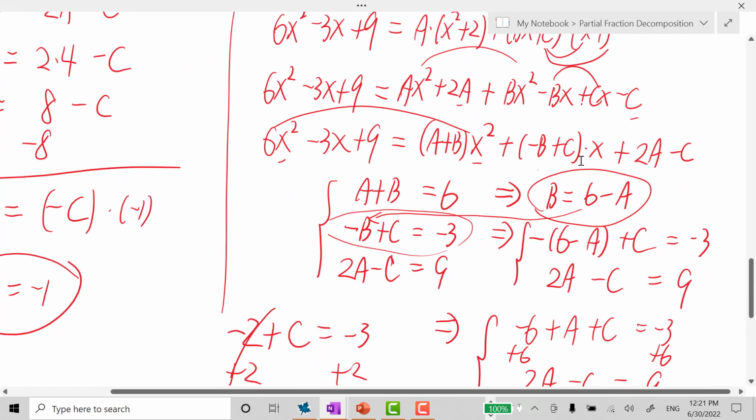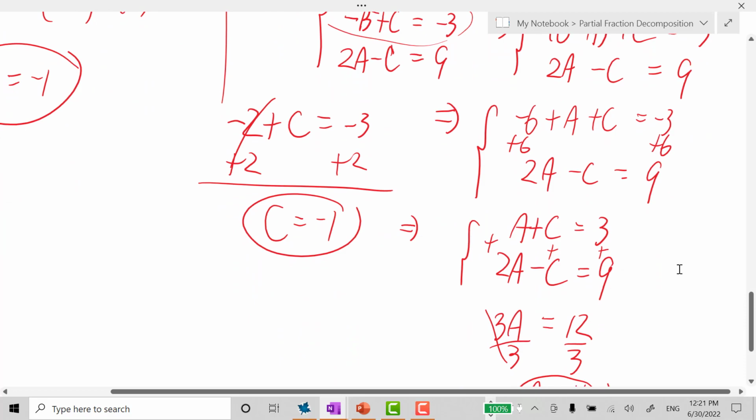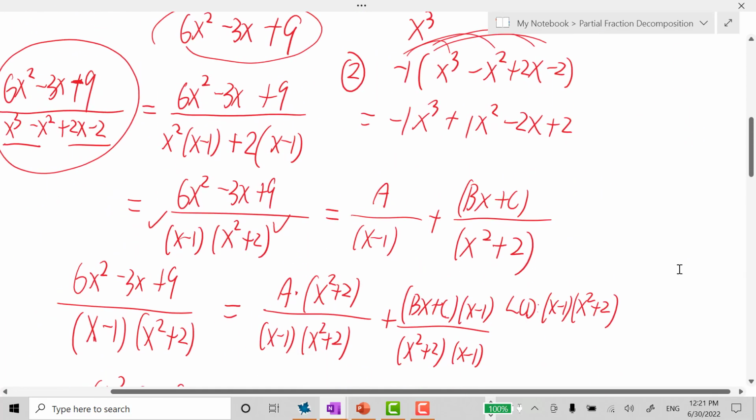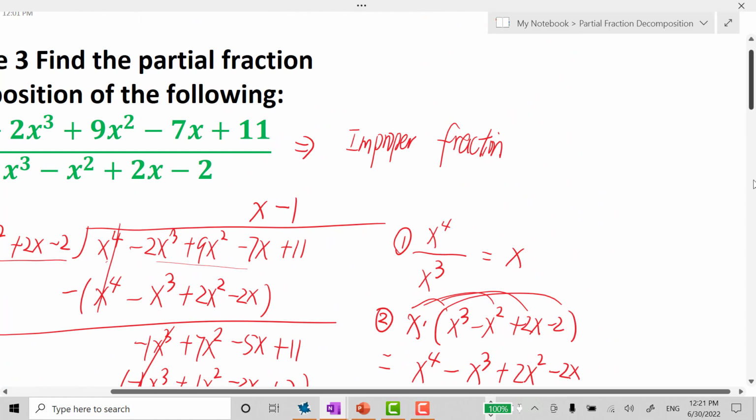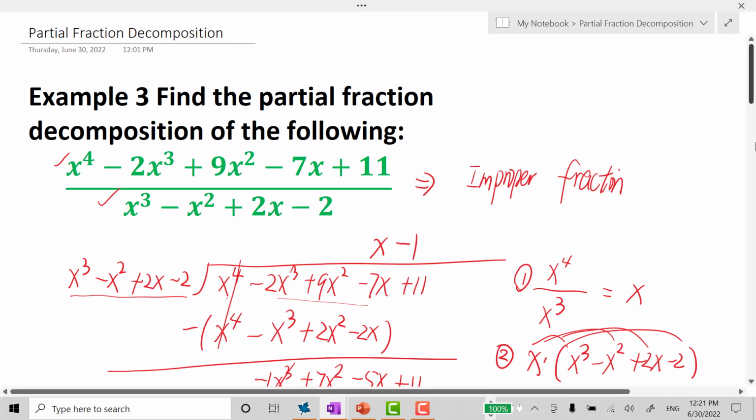It's a little bit more systematic, just working on solving systems of linear equations. Getting to the bottom of this, in terms of partial fraction decomposition, this one becomes 4 over x minus 1 plus 2x minus 1 over x squared plus 2.